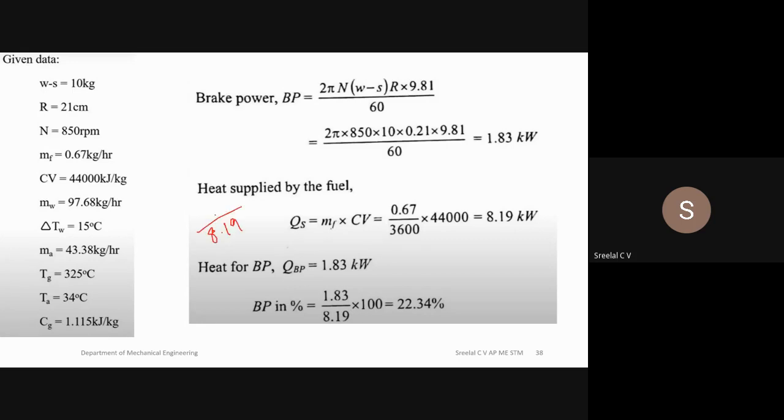And the BP production, or the heat supplied by the brake power, is 1.83. Converting it to the percentage, we will be getting 22.34%, right? Understood? Understand that this is the percentage of the total energy that the brake power accounts for. Okay, understood?